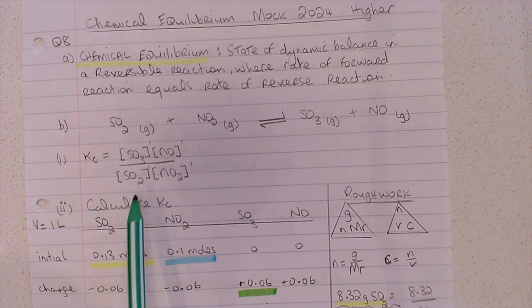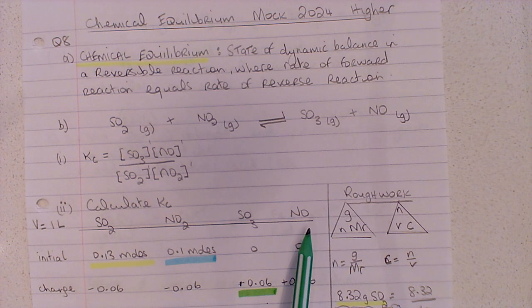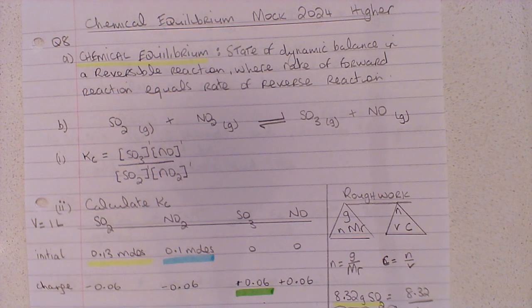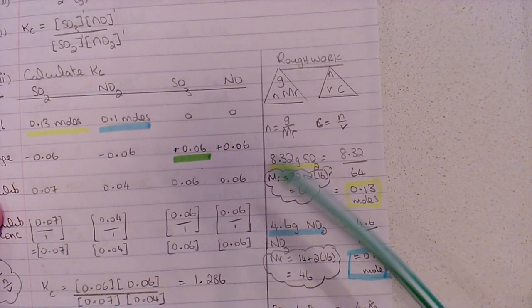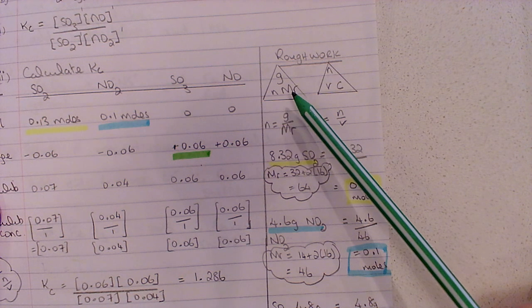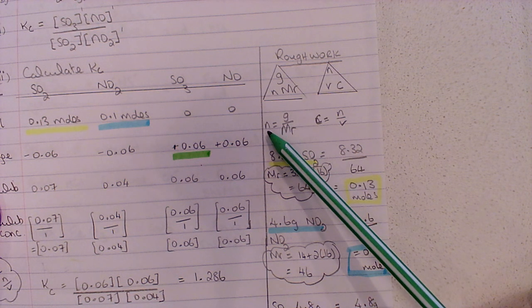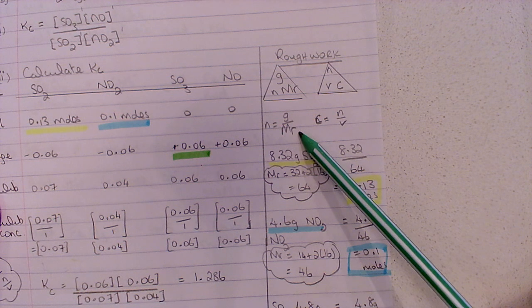So we're going to set up a table. We have our reactants SO2 and NO2 and our products SO3 and NO. We're not told how many moles we have of them to begin with, but we are told how many grams. So let's work out how many moles we have over in rough work. Remember, we have our triangle, which allows us to work out that the number of moles is equal to the grams divided by the relative molecular mass.